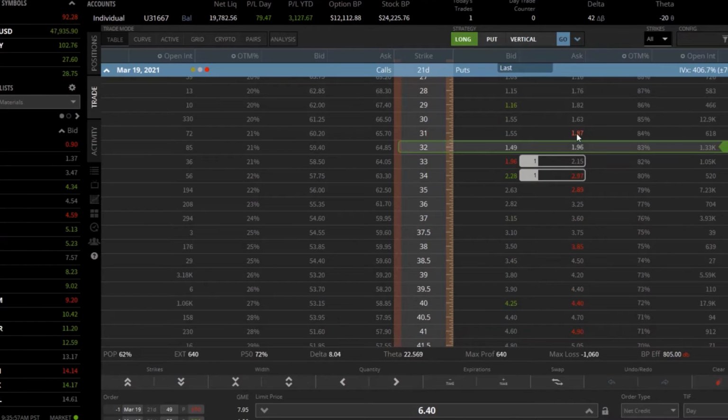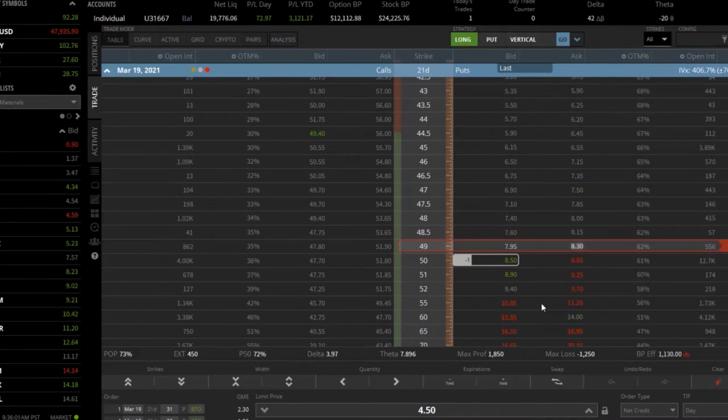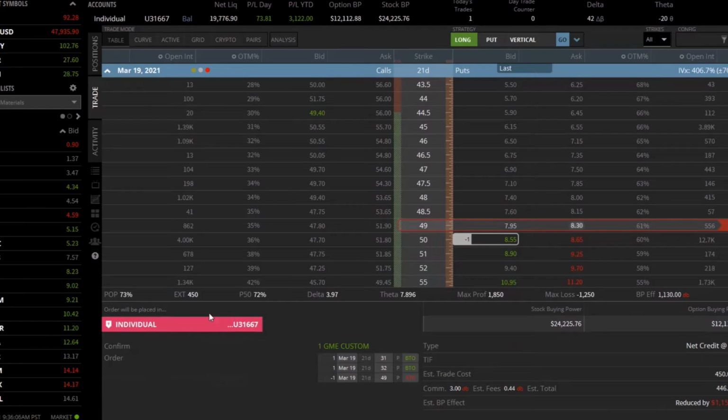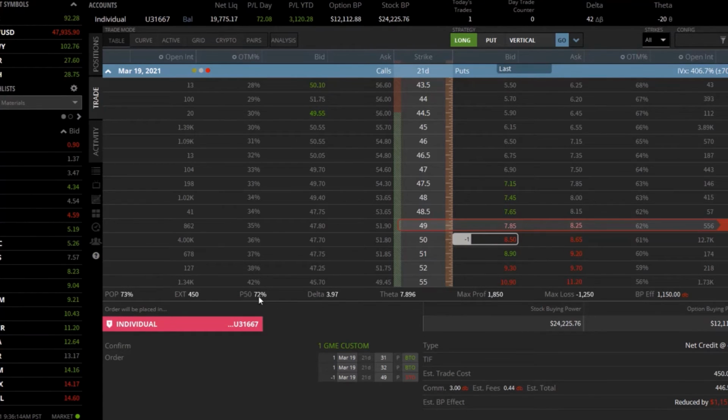And then say I want to buy. It's just that easy. So the software is super easy to use. Say review and send. You can see here, it gives a probability of profit, 73%. Probability of 50% profit, 72%. So it's pretty good right there. So that's about what I had before, and you just go send order.